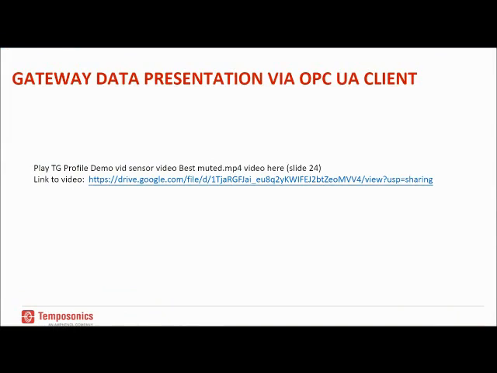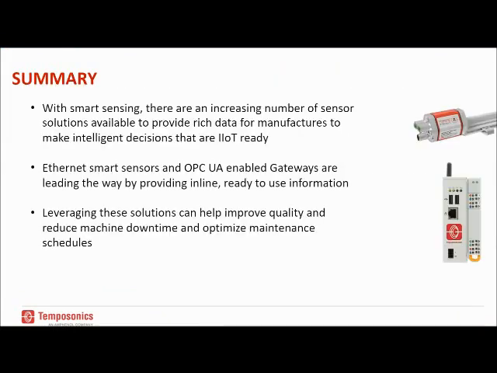So to rehash, we started with smart sensing. And with smart sensing, there's an increase in the number of sensor solutions available to provide rich data to manufacturers to make sure that they can make intelligent decisions about their Industry 4.0 information. We also talked about smart sensors, Ethernet-based smart sensors, and OPC UA-enabled gateways.